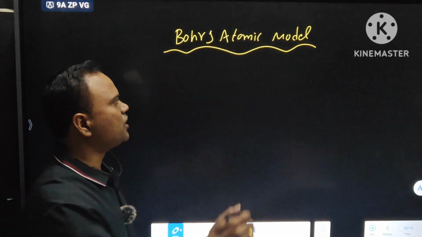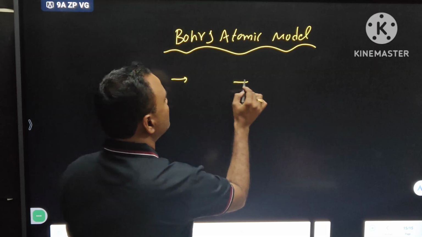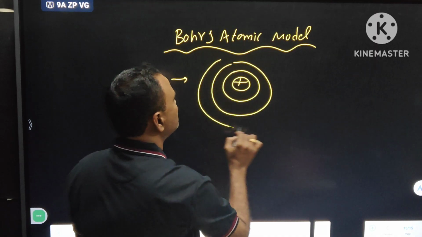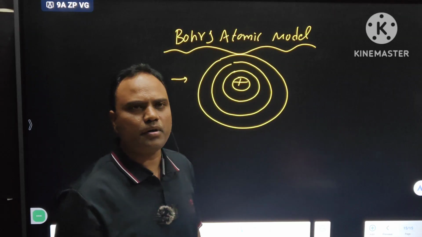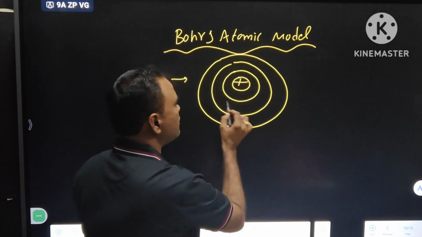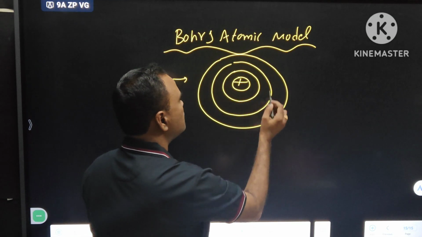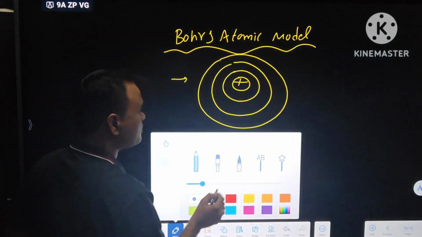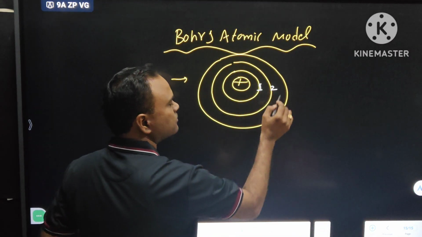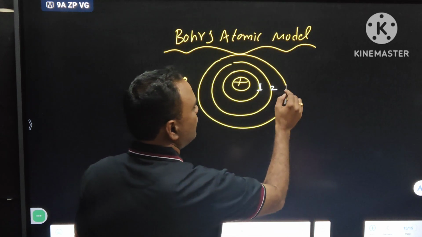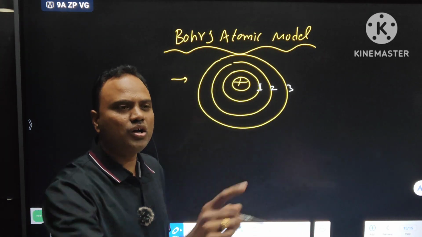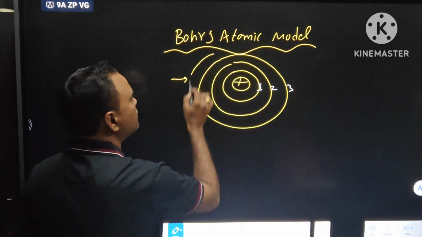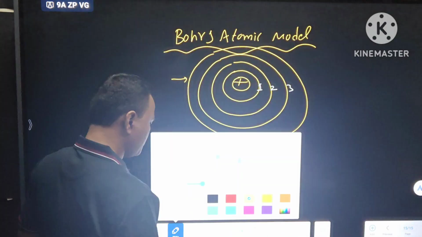According to Bohr theory, electrons revolve around the nucleus in closed and fixed circular paths, which are called orbits or shells or energy levels.